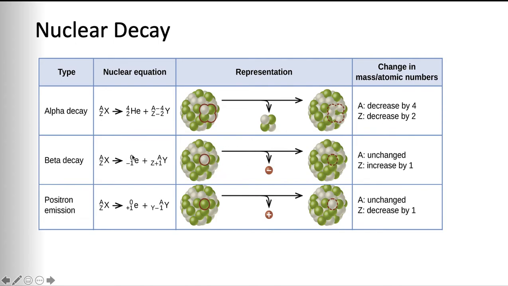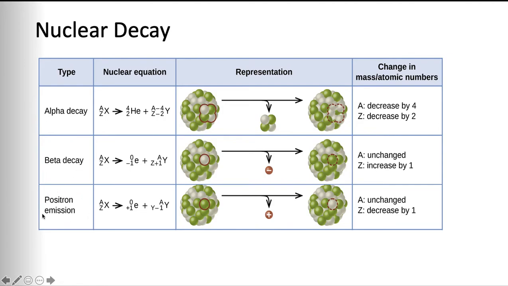The mass number doesn't change because this is a 0, so the mass number of the new element is the same as the original element, but the Z number increases by 1 because I converted a neutron into a proton, meaning I added one more proton than the original element had. So A is unchanged, but Z, the atomic number, increases by 1 when the element undergoes beta decay.